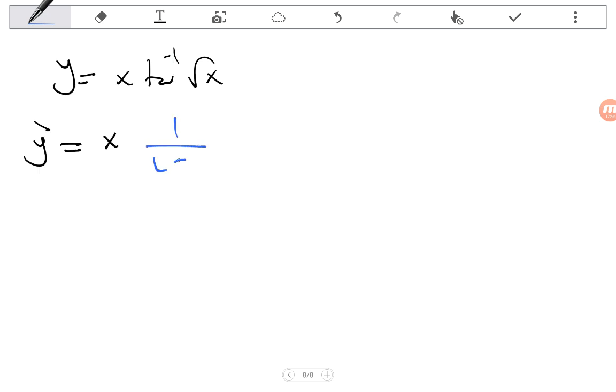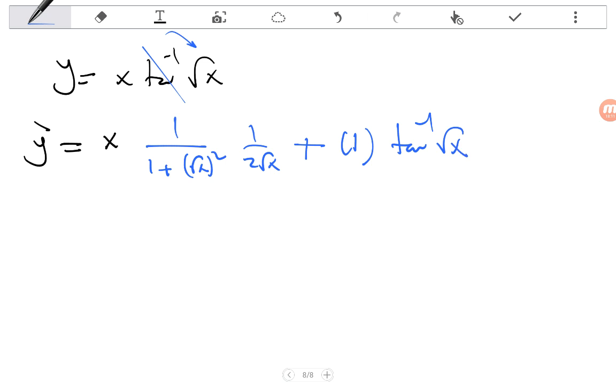It is 1 over 1 plus what is inside squared, which is root x all squared. I have finished the tan inverse, now I go inside it. What is the derivative of the root? It is 1 over 2 root x. Now I interchange, plus the derivative of the first, which is 1, times the second as it is.